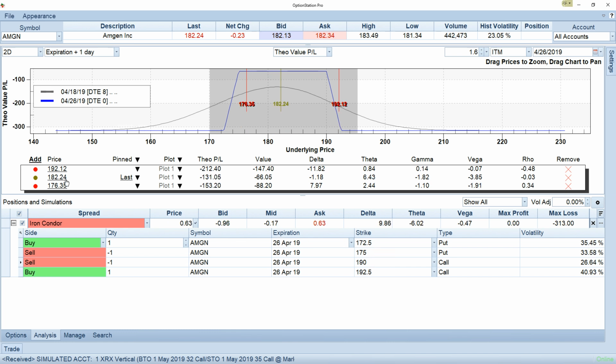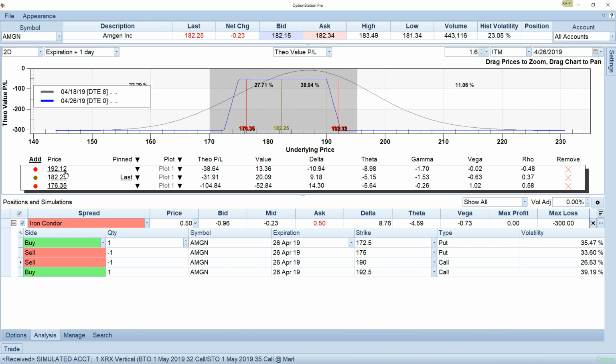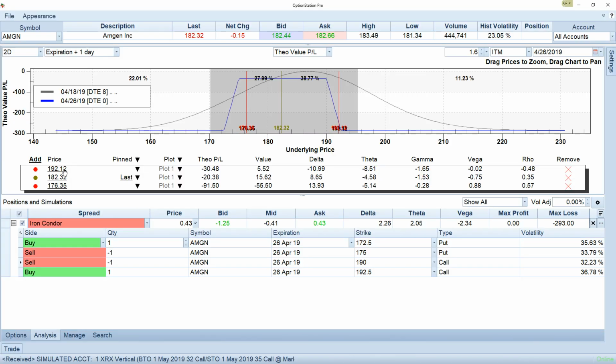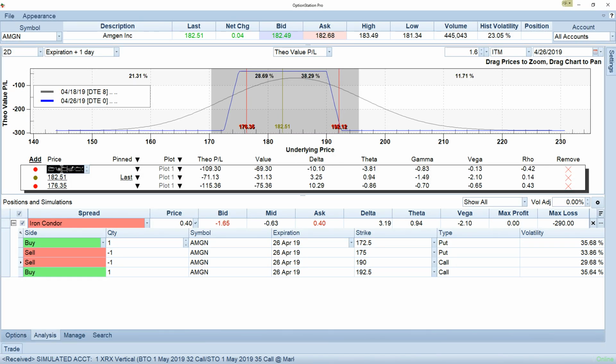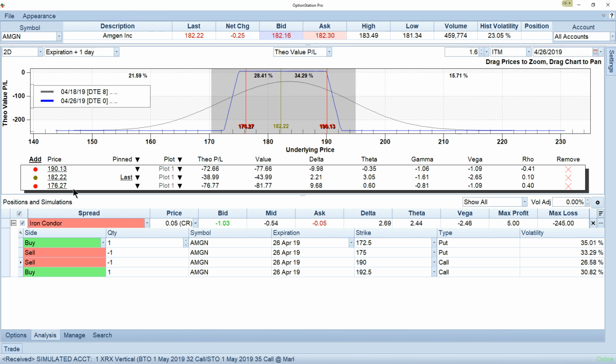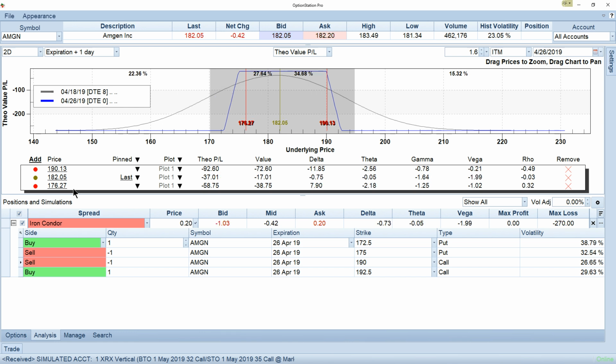Now, to understand better how balanced or not balanced that condor is, it would be good to also adjust, in a more precise fashion, the prices at which those UFOs are, which is 190.13 above and 176.27 below. Now I'm going to have a much better understanding of what I have in my hands.